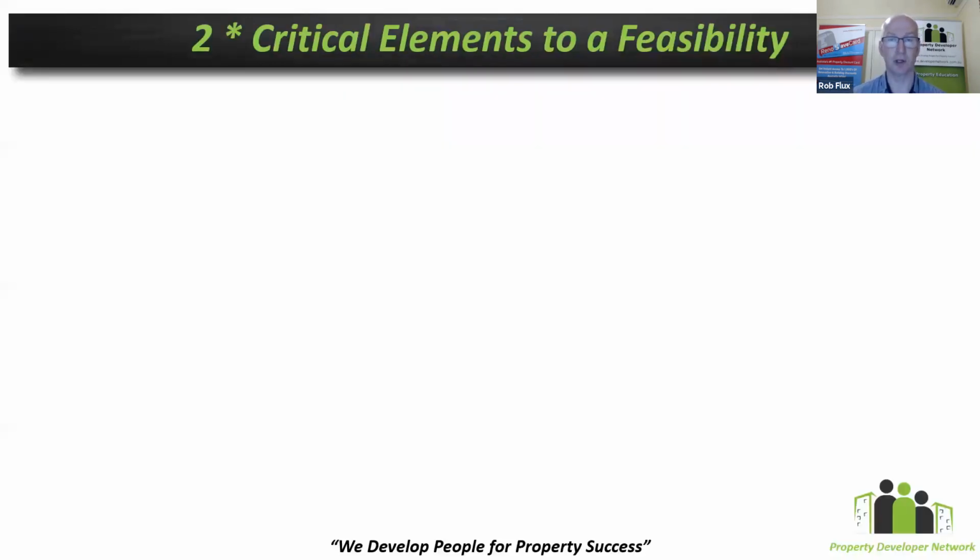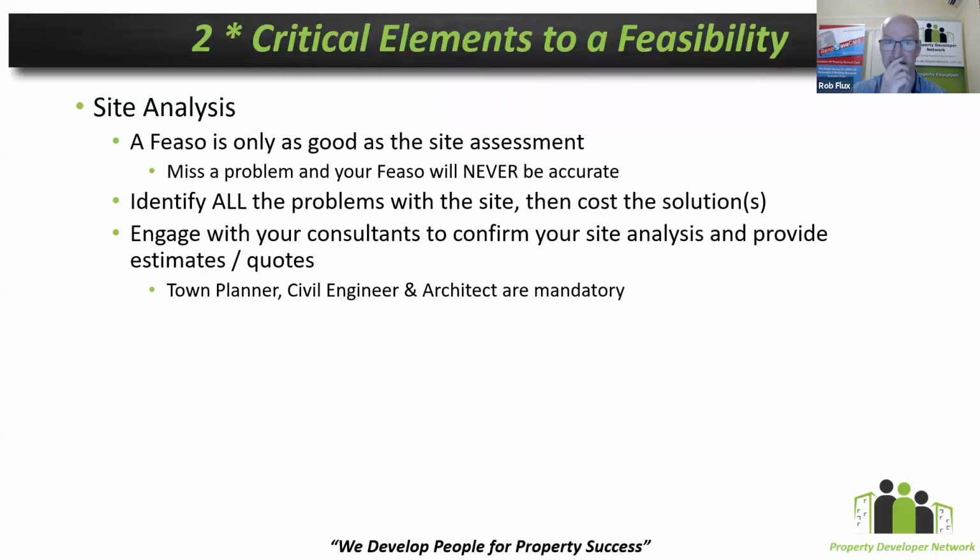The two most critical elements in a feasibility come down to the ability to do your site analysis correctly. If you get your site analysis incorrect, you will not identify the problems that actually sit on the site. And if you don't identify the problems, you won't be able to cost them, and if you can't cost them, then you'll never be able to put that into your feasibility.